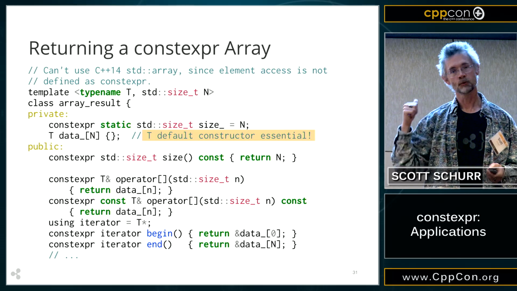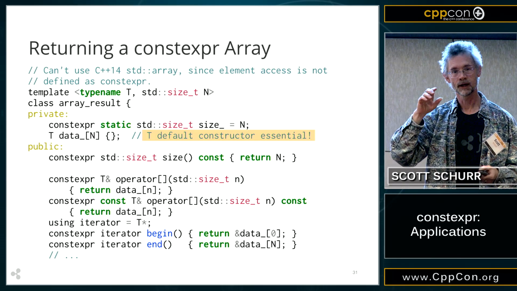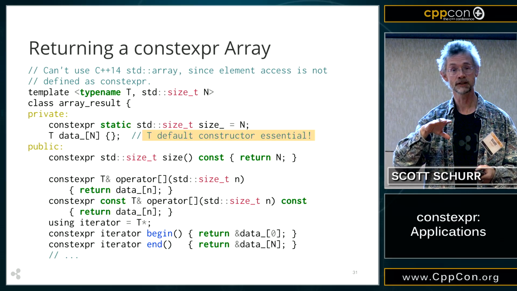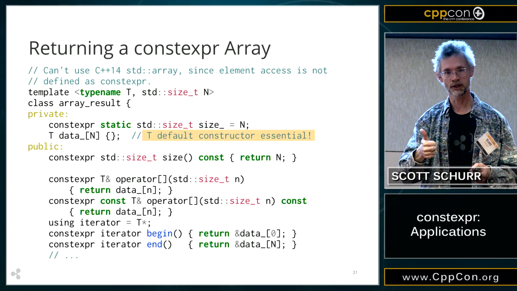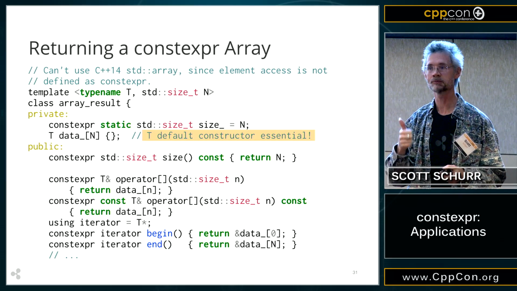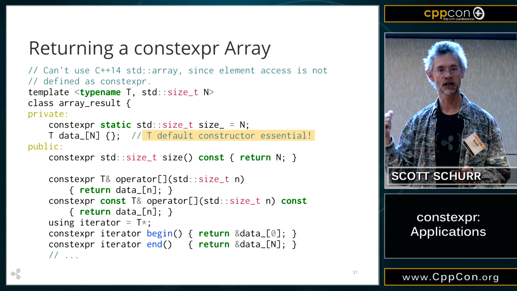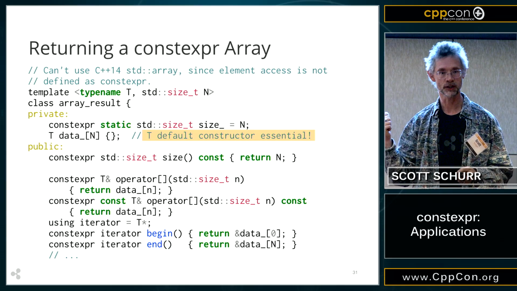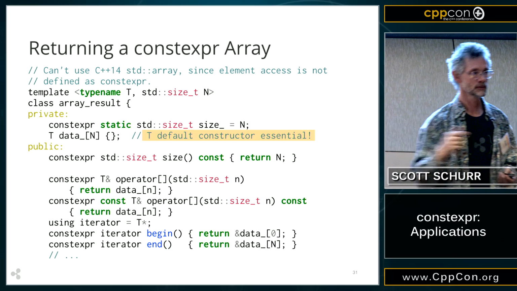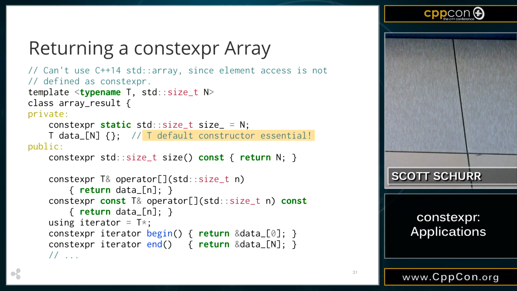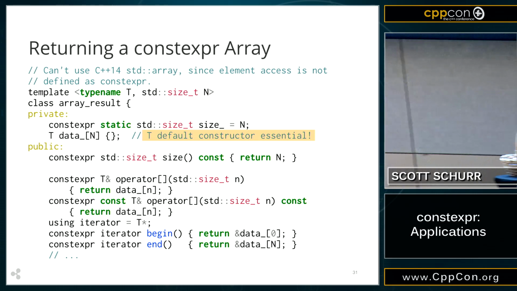Right, if it weren't an array, if you initialize in the initializer list, then you're golden. But everything has to be initialized for an object type. Everything has to be initialized before you get to the body of the constructor. Yes? Does your type T need to have a constexpr constructor?